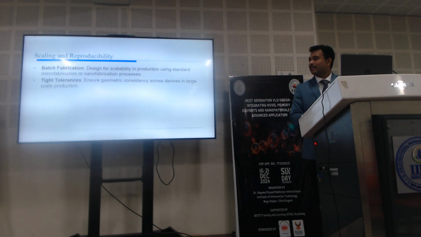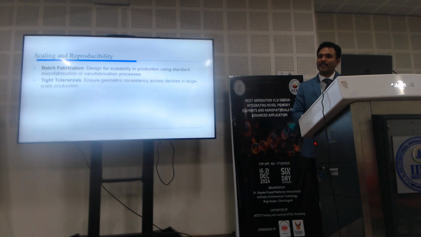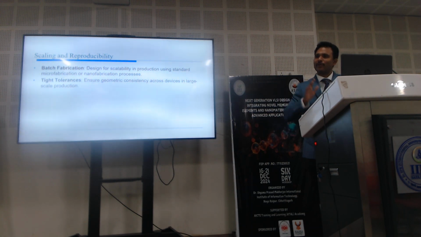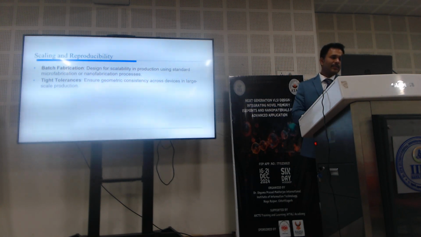All sensors can generally be fabricated on one wafer only. Reproducibility means that we can hardly work on one wafer, and if that is completed successfully, the remaining ones will become similar automatically with the same process. And tolerance also.